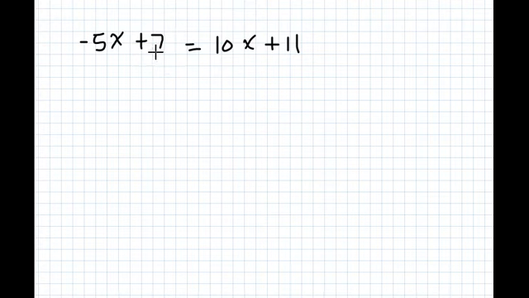And by doing that, because I have a positive 10 as my coefficient in front of this x, and then I have a negative 5, what I'm going to end up doing here is taking this negative 5 over to the right hand side, and then I'm going to take this 11 over to the left hand side.